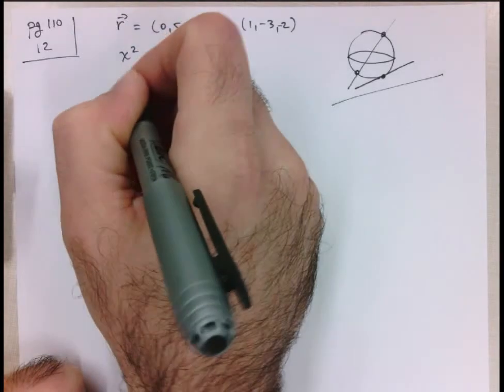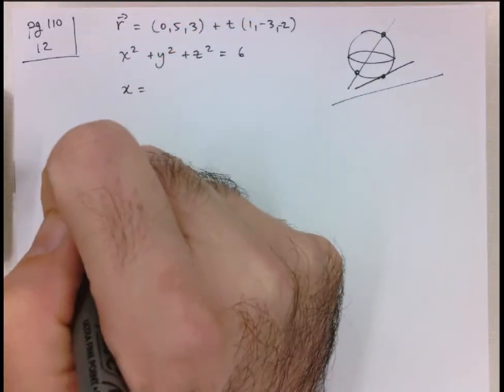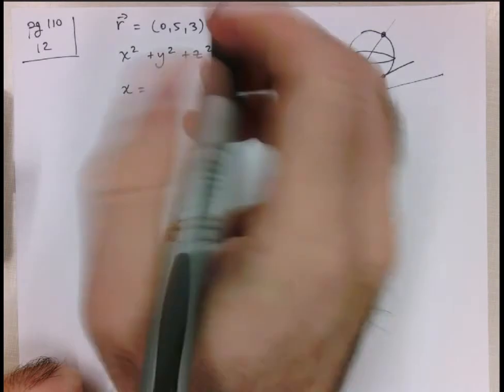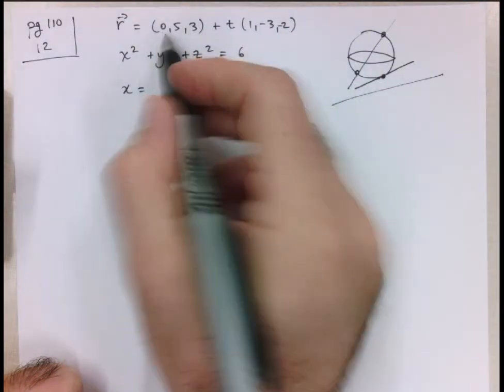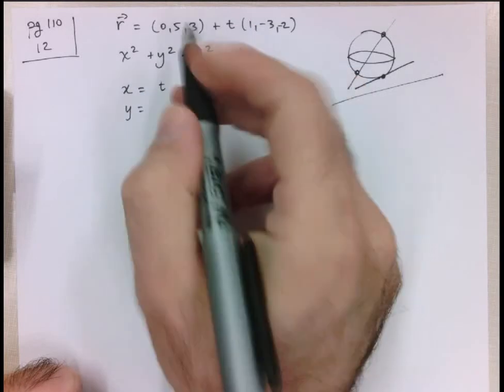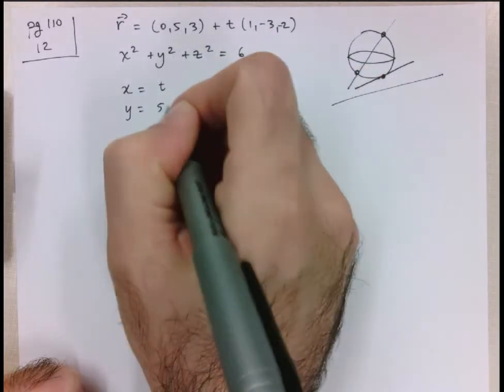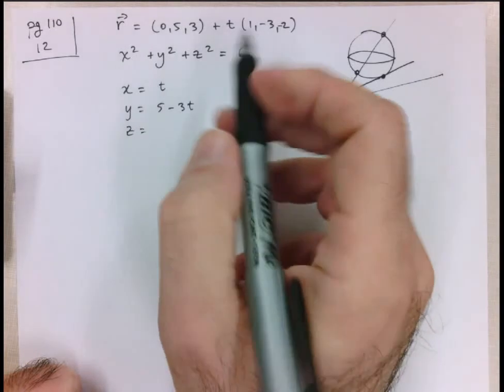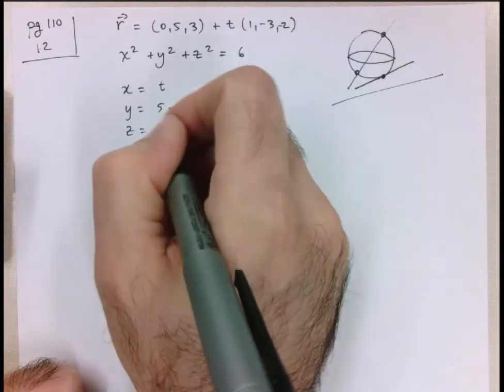Using parametric form, let's write out what the components of a point on that line would be. The x component would be 0 plus t, so just t. The y component would be 5 minus 3t, and the z component would be 3 minus 2t.